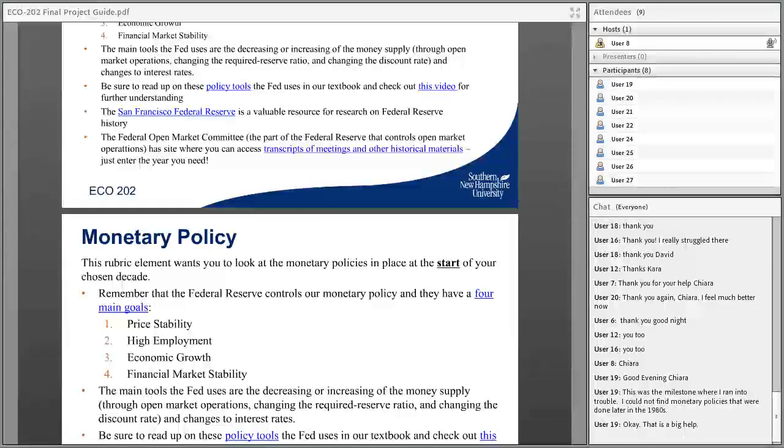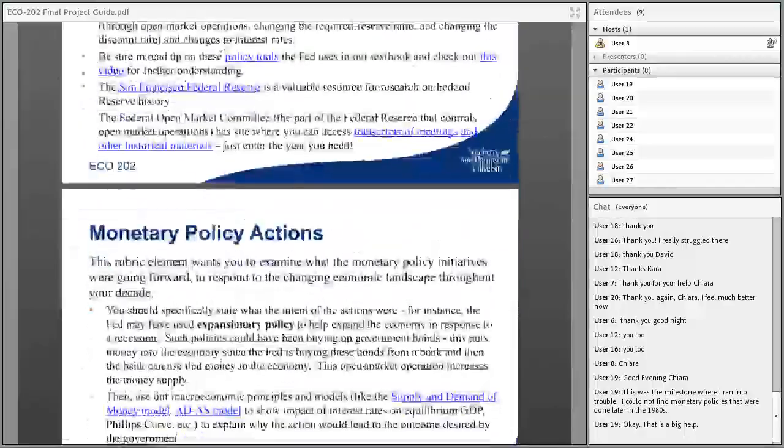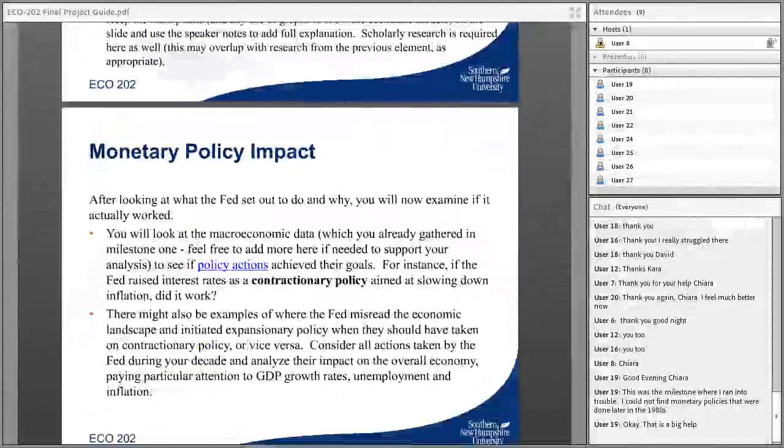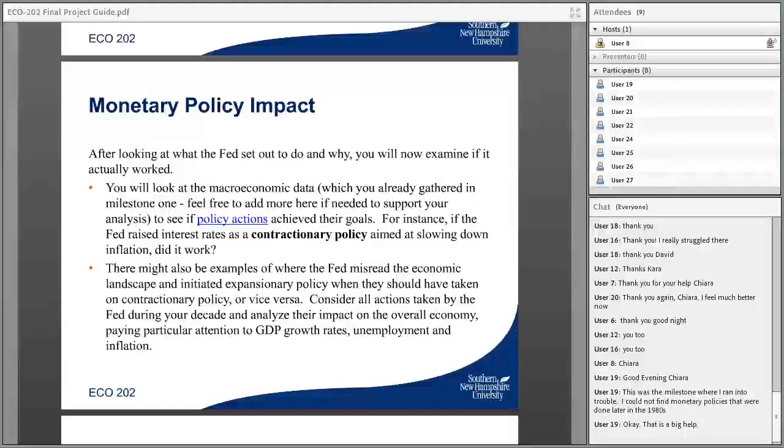If it's one of these 3 policy tools, then it is a monetary policy, and monetary policies are used to pursue high employment, economic growth, financial market stability, and price stability, which is part of the reason why the Federal Reserve today is still thinking of increasing interest rates. Again, here, for the monetary policies, you will have to cite scholarly sources, as I said, to provide specific examples.